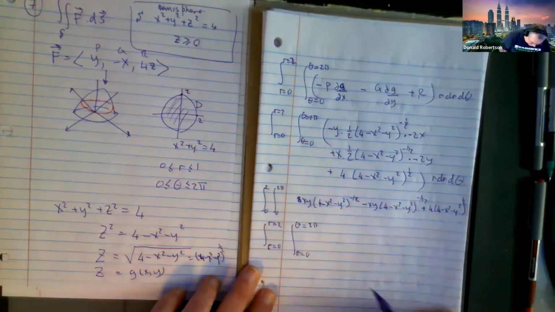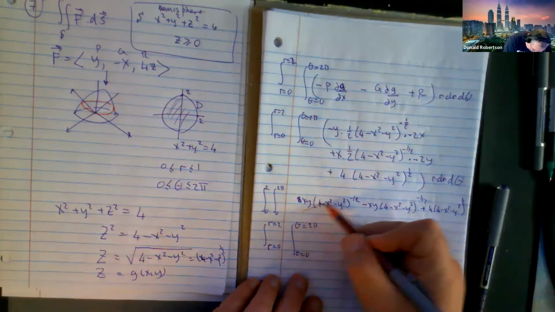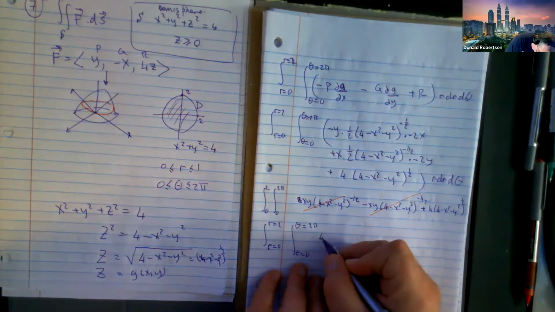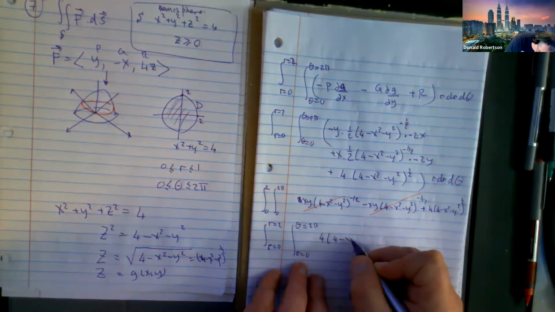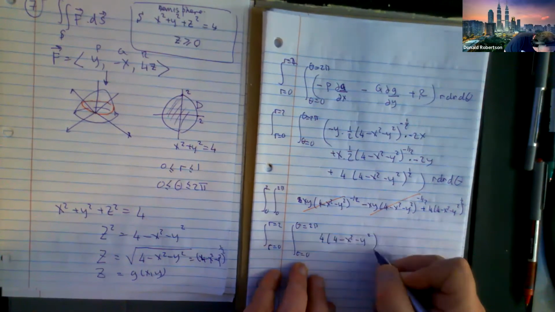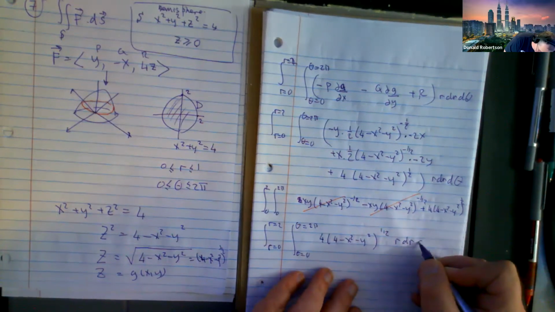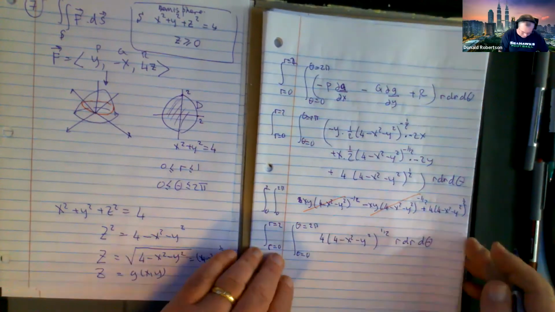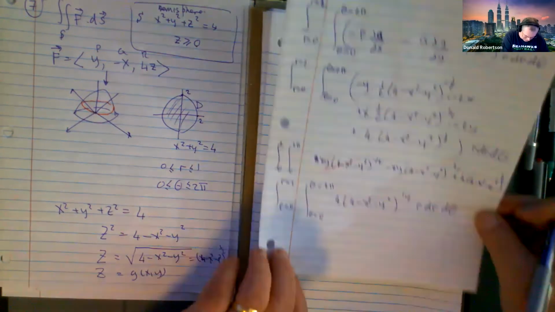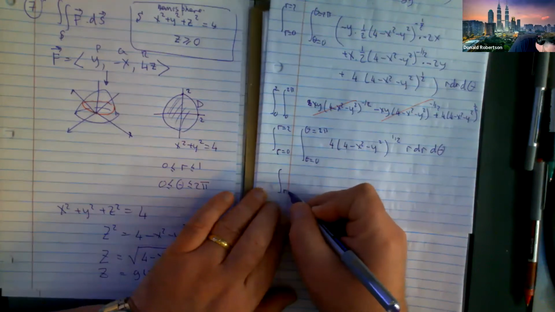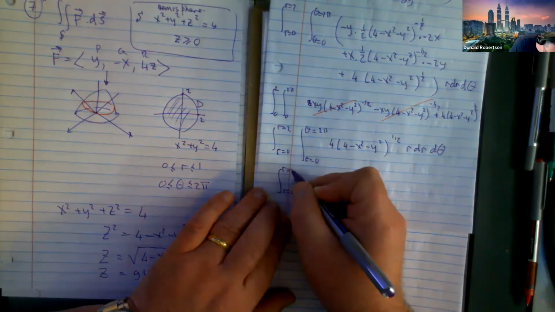Just double check this. That guy gets killed off by that guy. And now I'm left with this, slowly but surely getting to the point where we can actually do this integral.